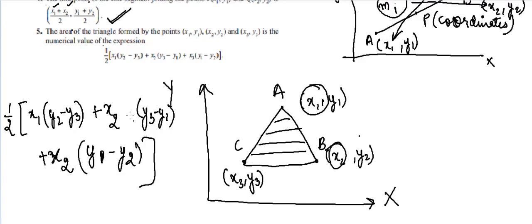In this formula you have to understand there are 1, 2 and 3 everywhere. Here it is 2, so you take 3 and 1. Here it is 3, because 3 is skipped, so here will be x3.